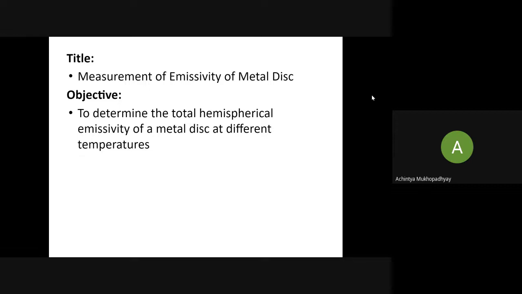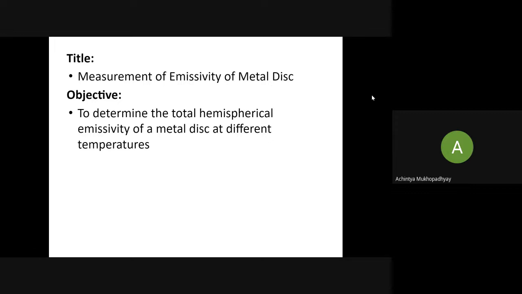I mean, for substances like metals, for most metals, directional property is rather weak. Spectral property is there, but not so strong. But there are substances like glass, for example, which has very strong spectral properties, and because of that we have the greenhouse effect.